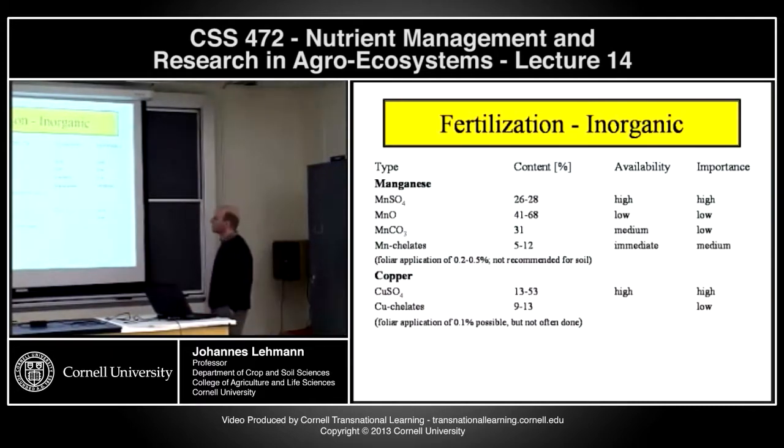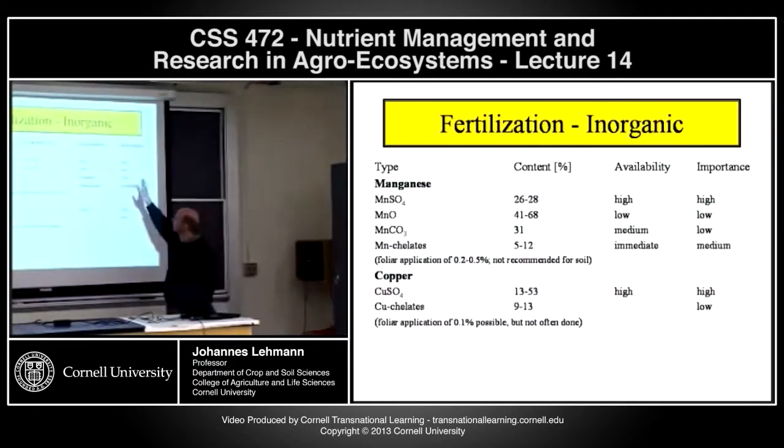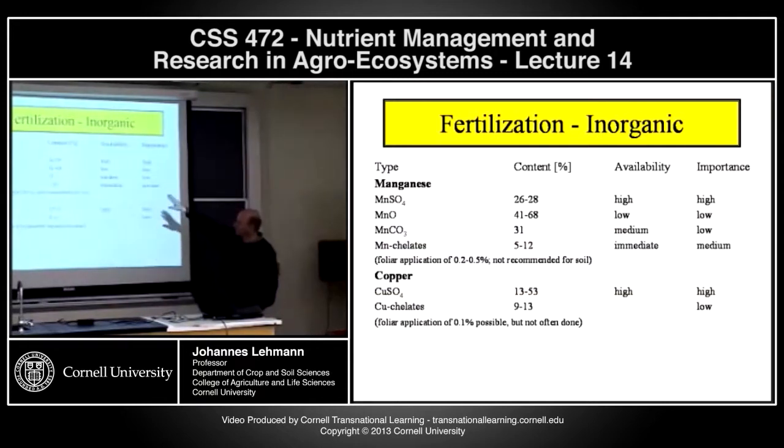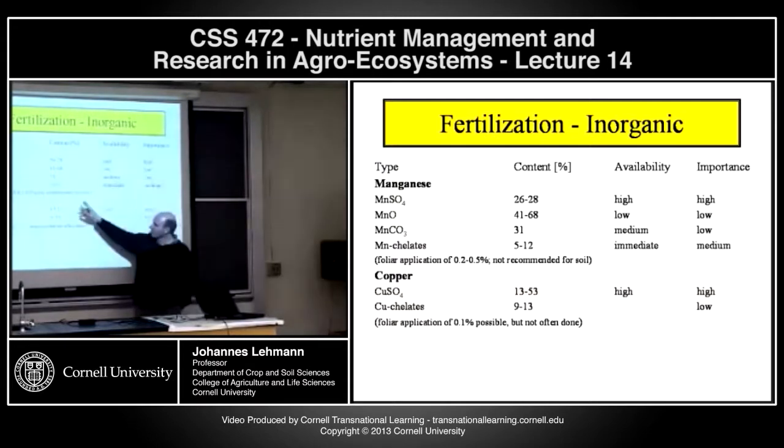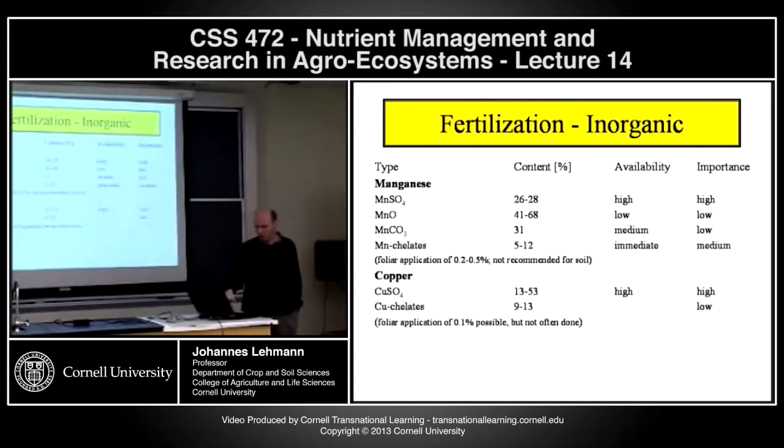Manganese, very similar as manganese sulfate, has a high importance. The others have a low importance, and then you have again the option of applying foliar application, and a very similar story for the copper as well.